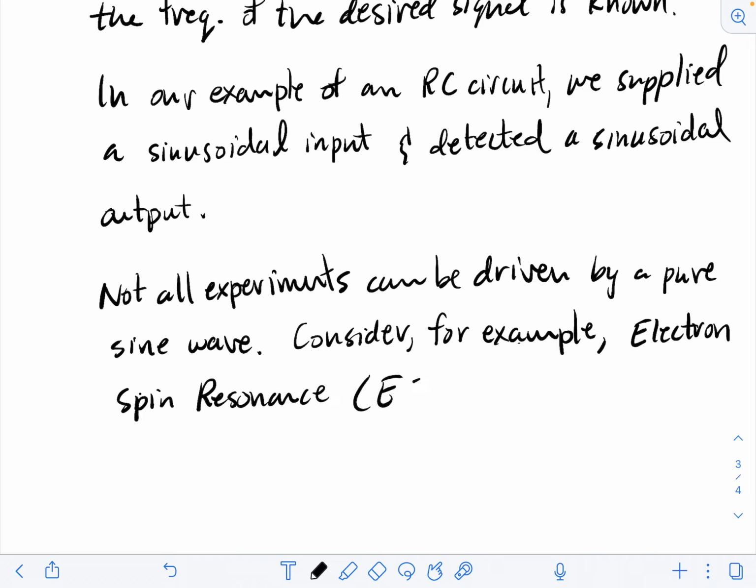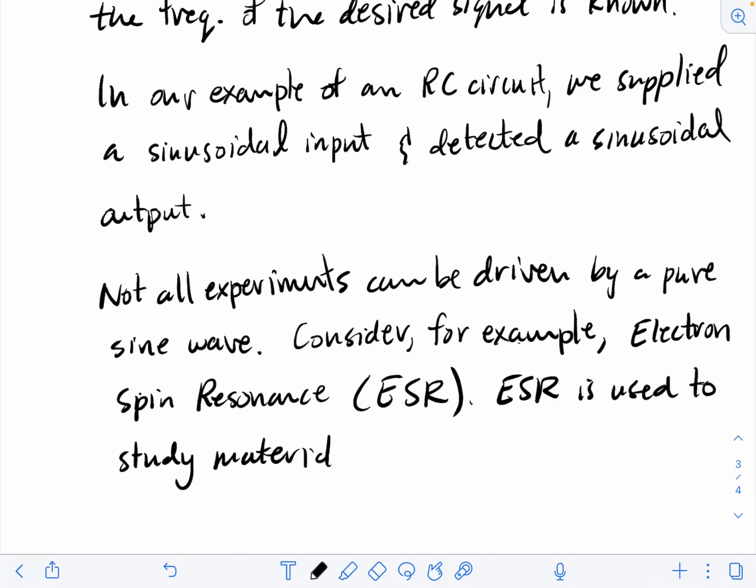Sometimes this is called electron paramagnetic resonance, EPR. It's the same thing. ESR is used to study materials that have unpaired electrons.